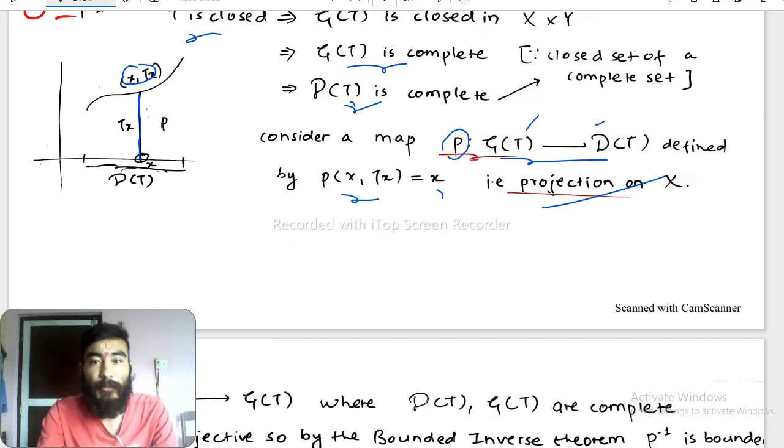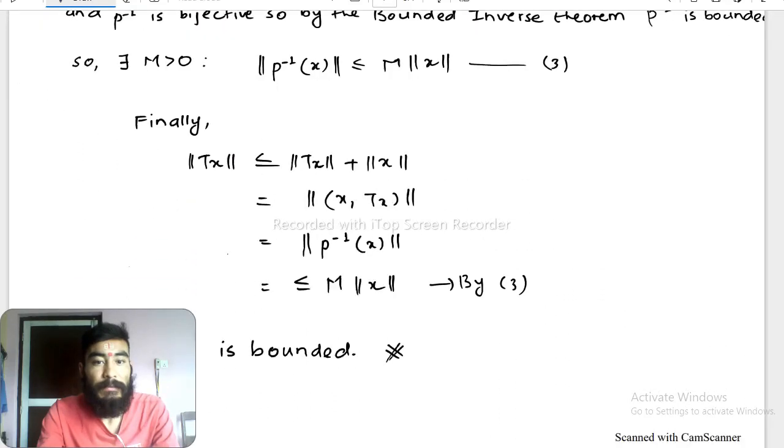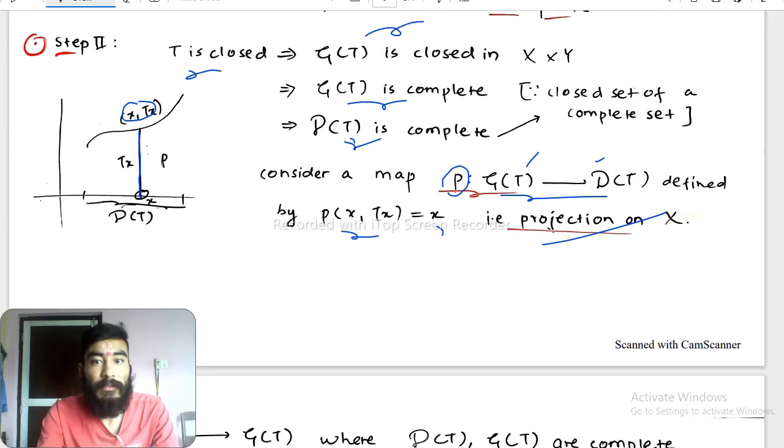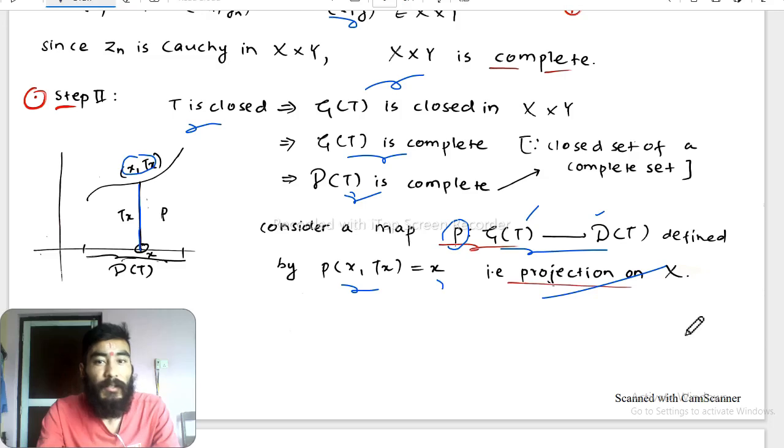We defined a projection map P from G(T) to D(T). Then we can show that P is a linear map. Clearly P is a linear map. P is also a bounded map, and P is also a bijective map.